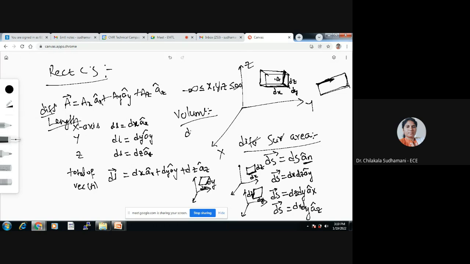How to measure the volume? dv is equal to length, height also. So I can say it as dx, dy and dz. If length is dx and height is dz, then breadth is dy. So dx, dy, dz. This is the formula for calculating the volume of a cube given in the rectangular coordinate system.